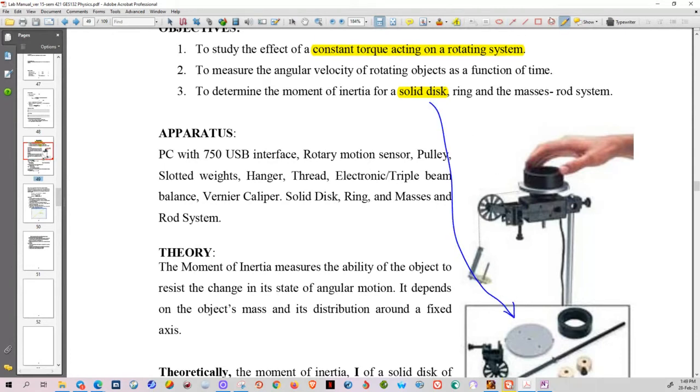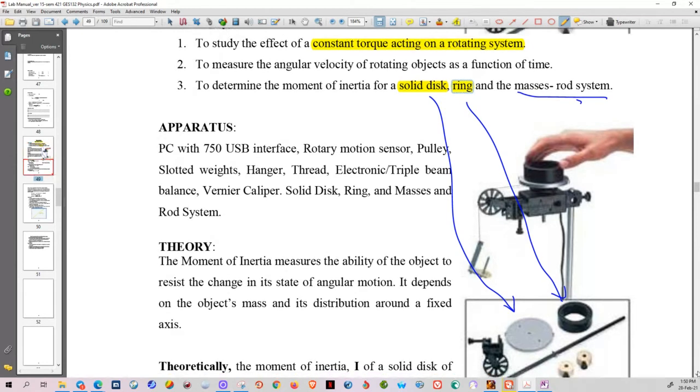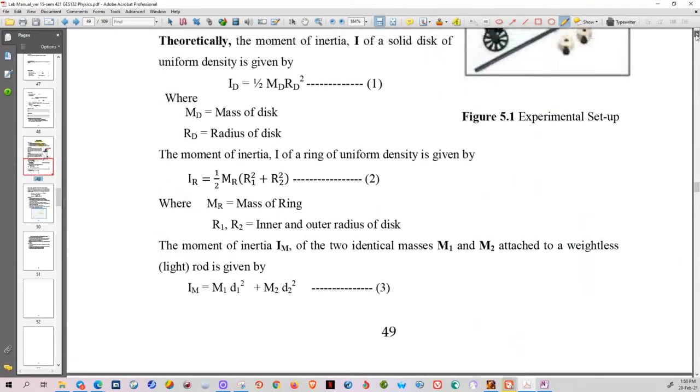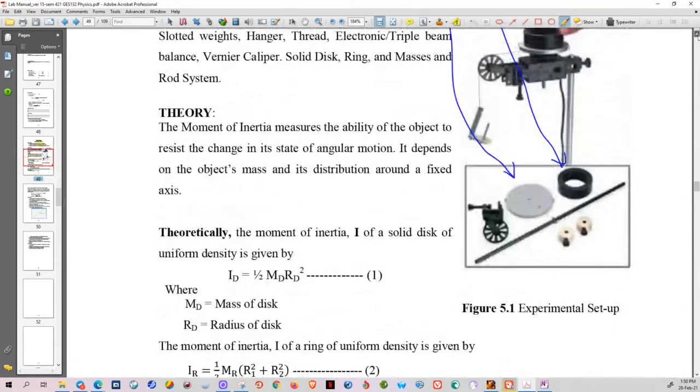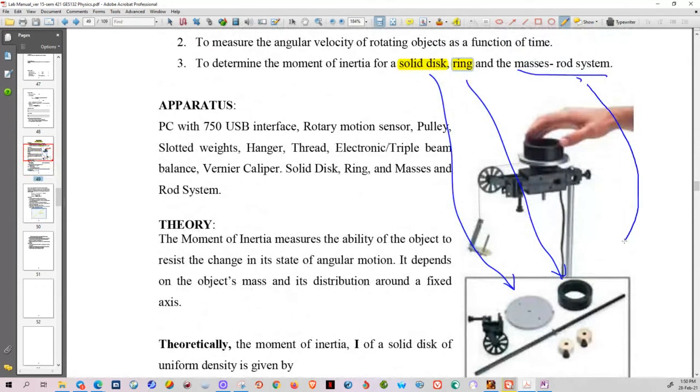Next, after the solid disc, we will also try to rotate a ring. Okay, what's the ring? This one. And finally, a mass and rod system consisting of two masses attached by a light rod.